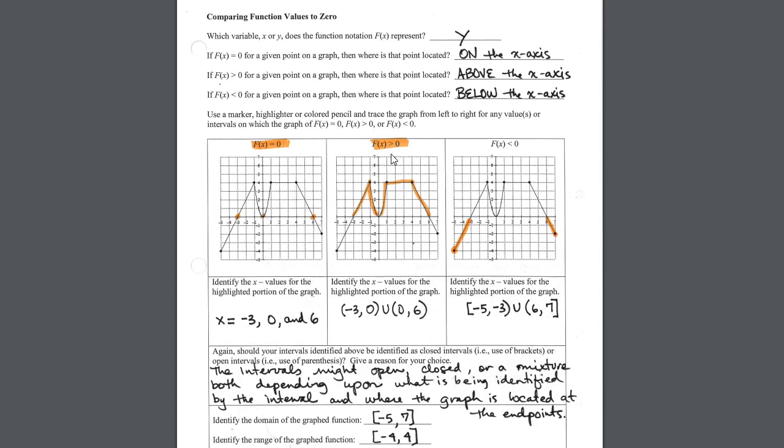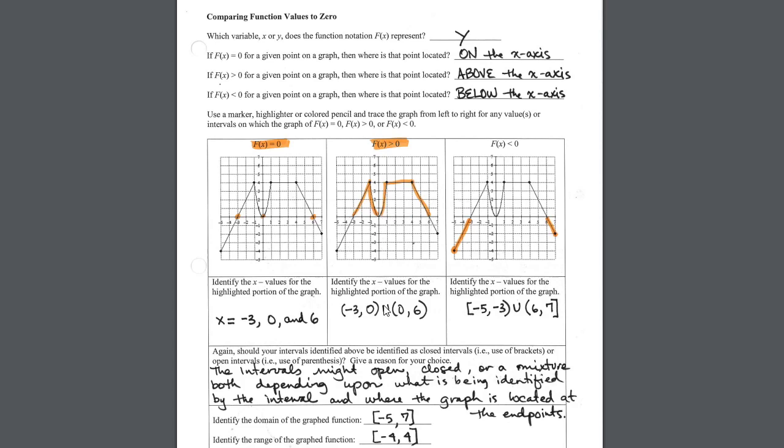The next one is, where is the graph above the x-axis? I have highlighted it here. These are the parts of the graph where you are above the x-axis. Next it says, identify the x values for the highlighted portion of the graph. That's from -3 to 0, union 0 to 6.